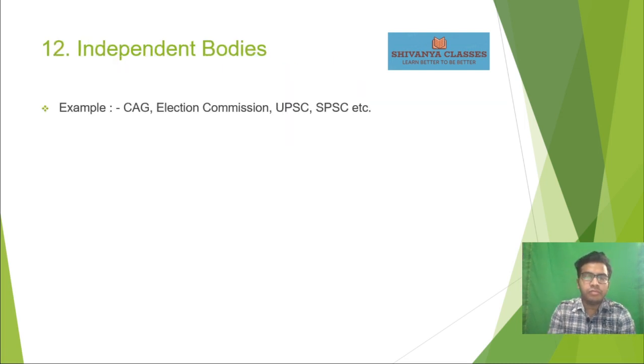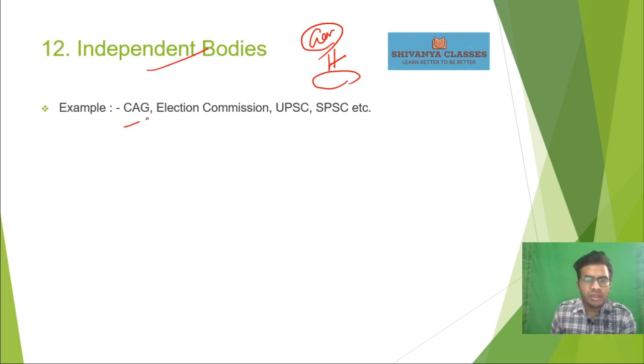Clear? Next thing is independent bodies. What is independent bodies? The bodies or the organizations where the government dominance or government interference is minimum. This is called independent body. We have several independent bodies: CAG, Election Commission, UPSC, State Public Service Commission, Finance Commission.